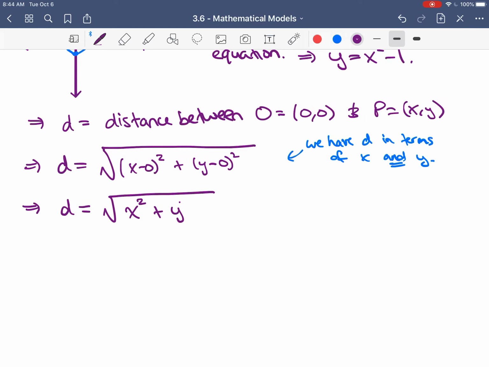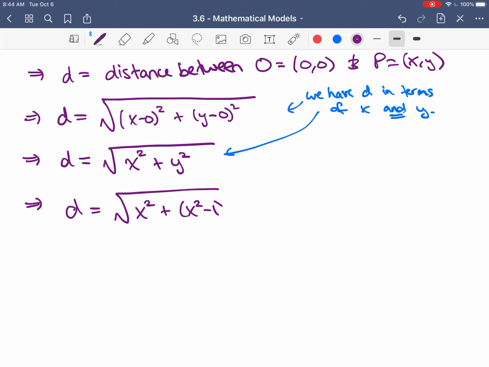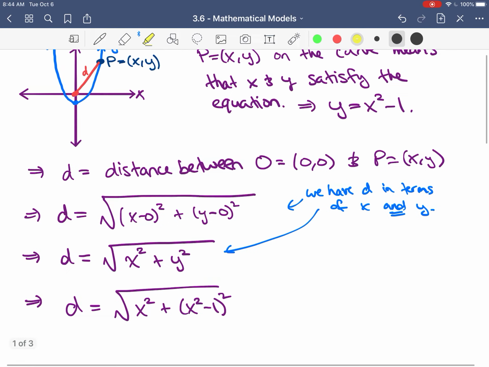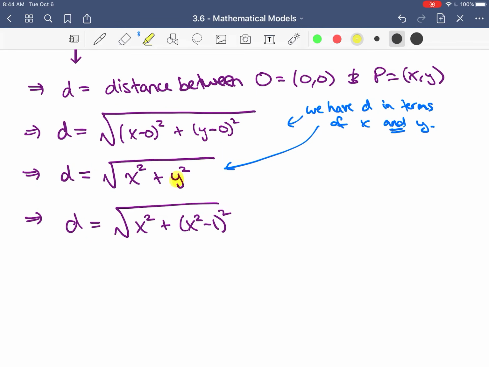This is just x squared plus y squared. Now, because we know what y is in terms of x, we can replace the y. We know y is x squared minus 1, so we can replace the y here with x squared minus 1 because they're equivalent.